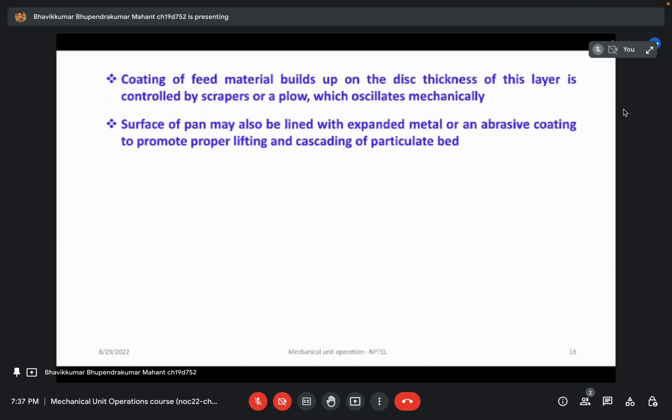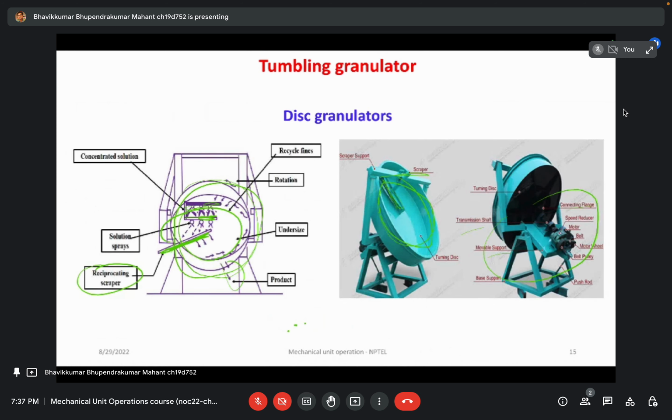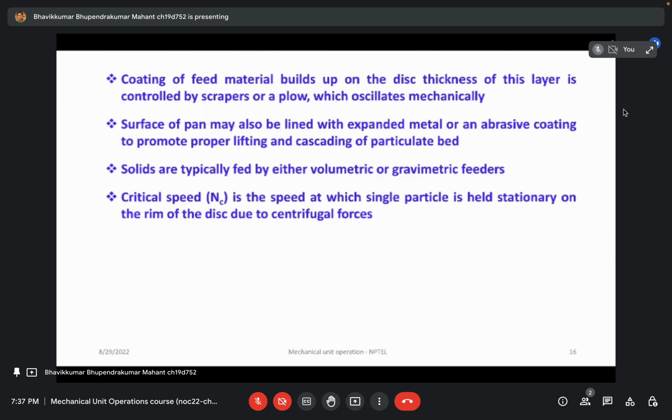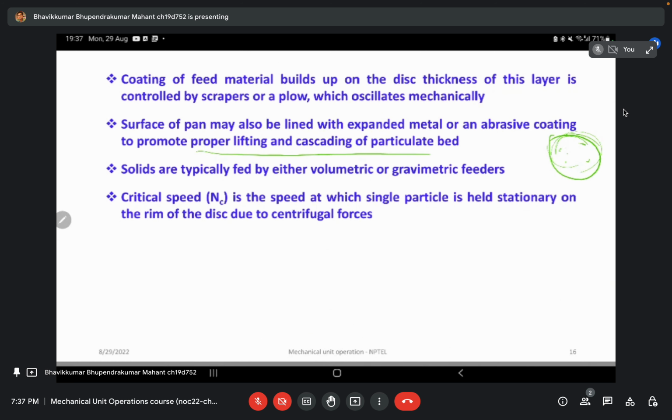Now, this disc granulator is generally used for coating of feed material built upon the disc, which is very easy. You can just put in your solid particles and some liquid, and then coating will take place. The surface of the pan may also be lined with expanded metal and abrasive coating to promote proper lifting and cascading of particulate in the pan. So with lifting and cascading of particulate in the pan, the inner portion of the particle is also coated.